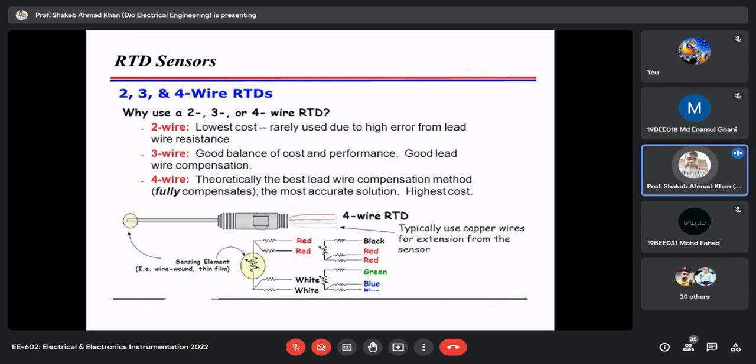We make the connection in the bridge circuit in a different way. Here you can see this is your RTD. It has 4 terminals, 2 at one side, 2 at the other side. Here you have one terminal at one side, and at the other side two terminals, two leads, connected in a particular way in the circuit.